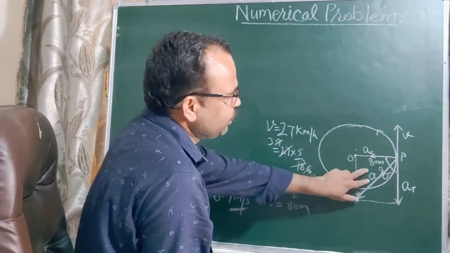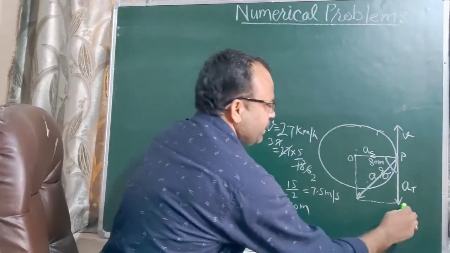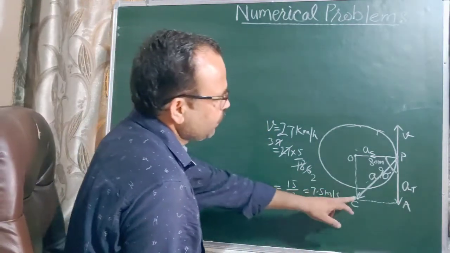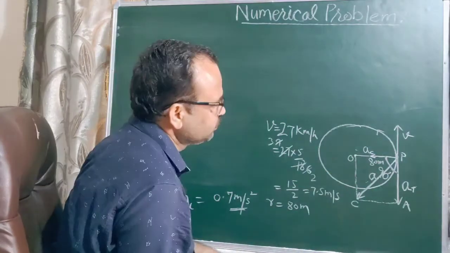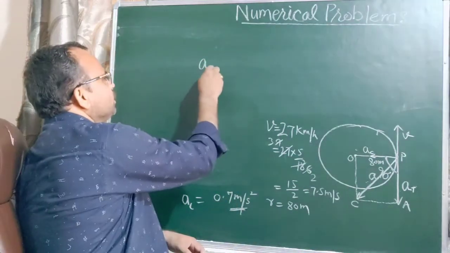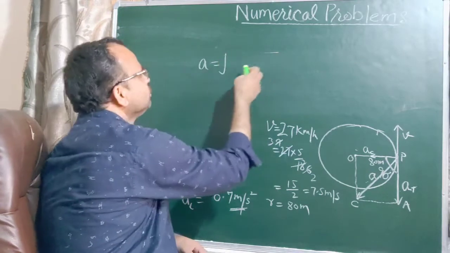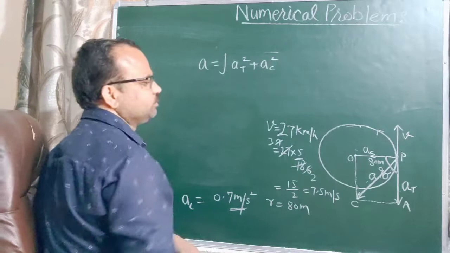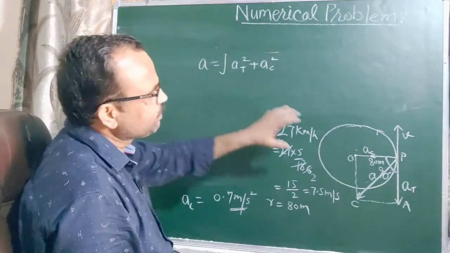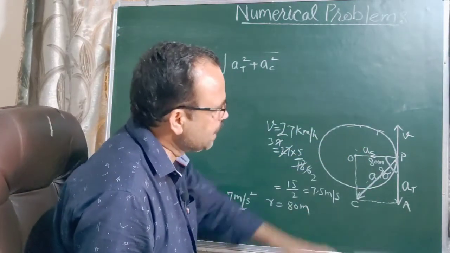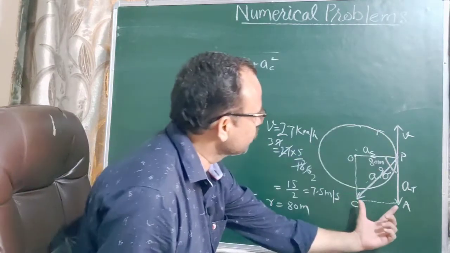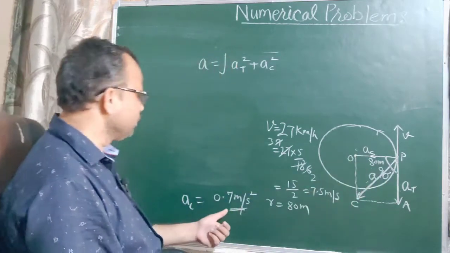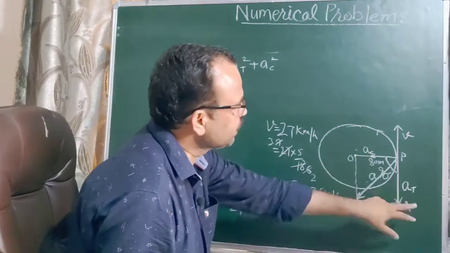And we have to find the value of A. Suppose this point is A and this is the point C. So in this triangle, A equals under root AT square plus AC square, or we can say by applying Pythagoras theorem, hypotenuse square is equal to perpendicular square, means AC square. AC is the given 0.7, and base square means AT square.